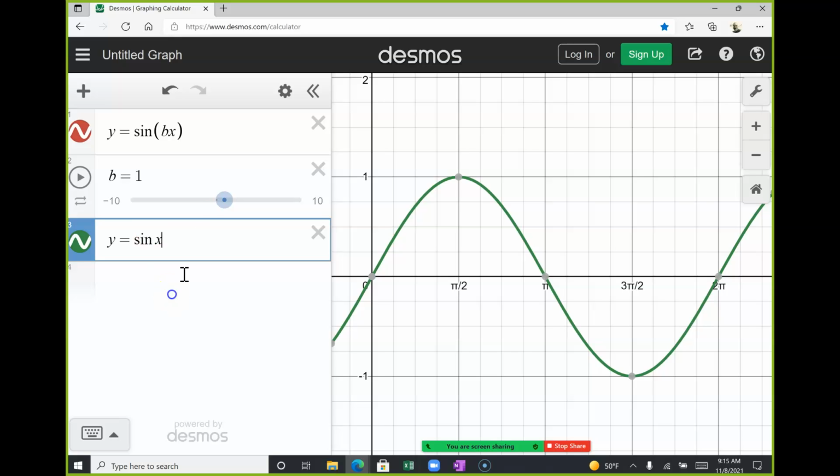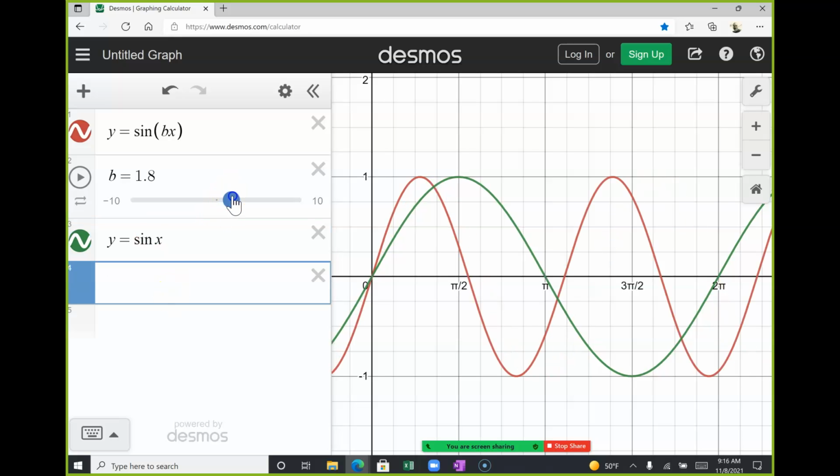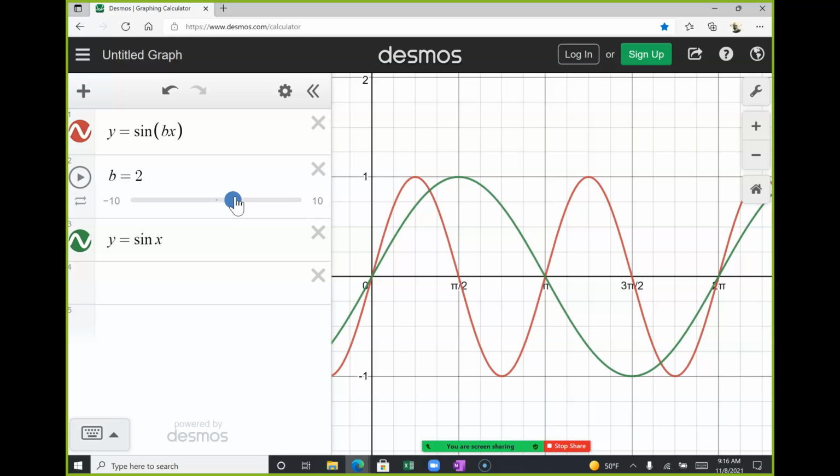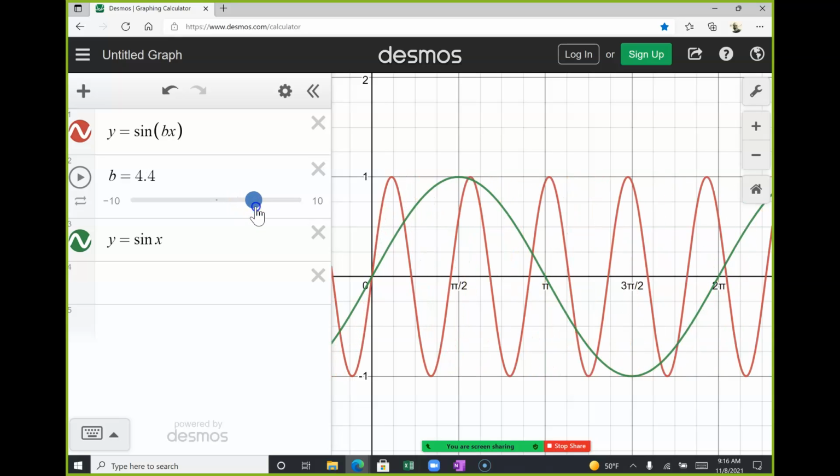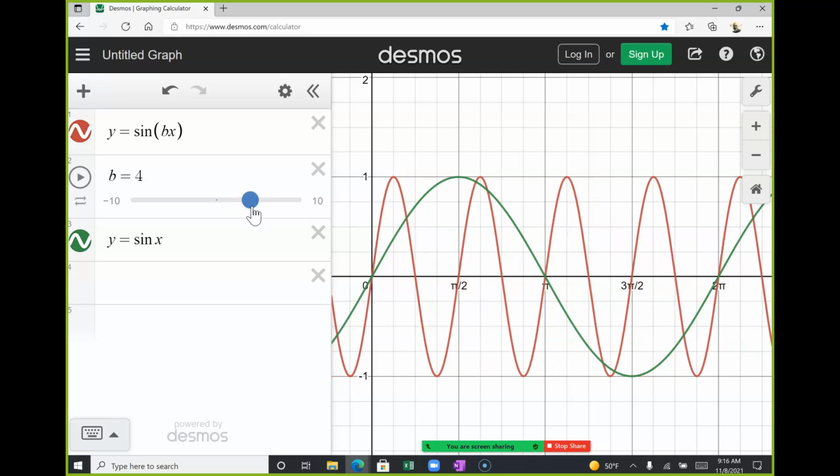When I make b 2, I can see the sine curve twice. That's frequency. How often does something happen? If I make b 4, I can see the sine curve 4 times now, right? You're looking for that.